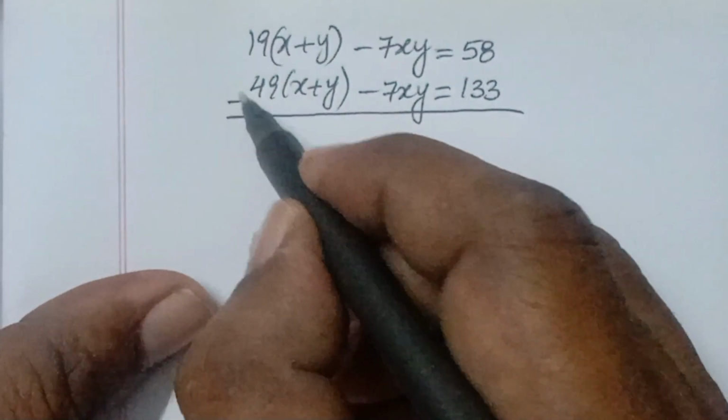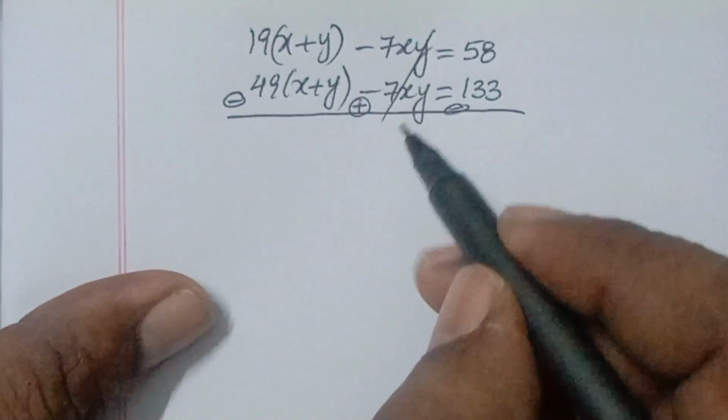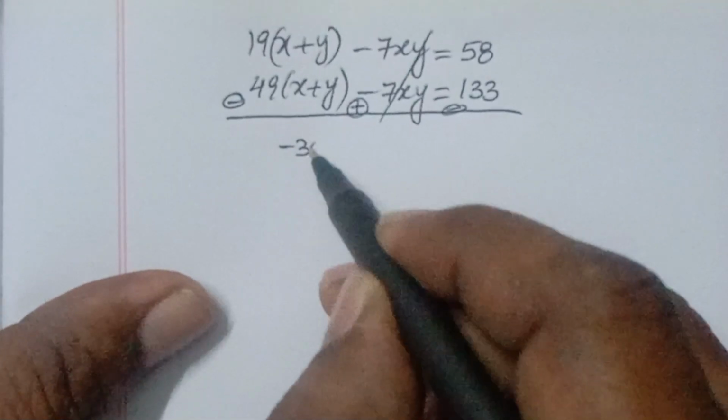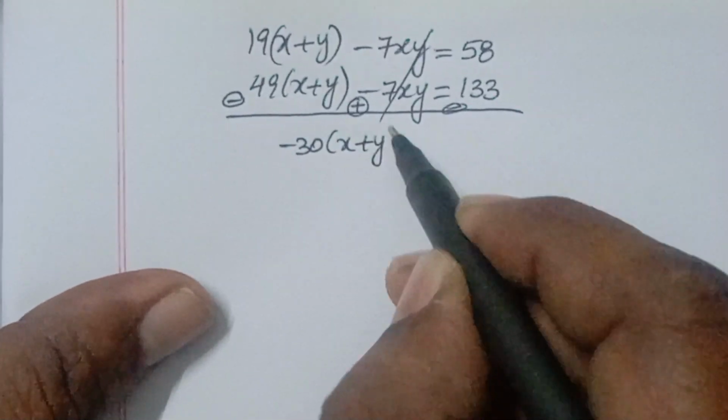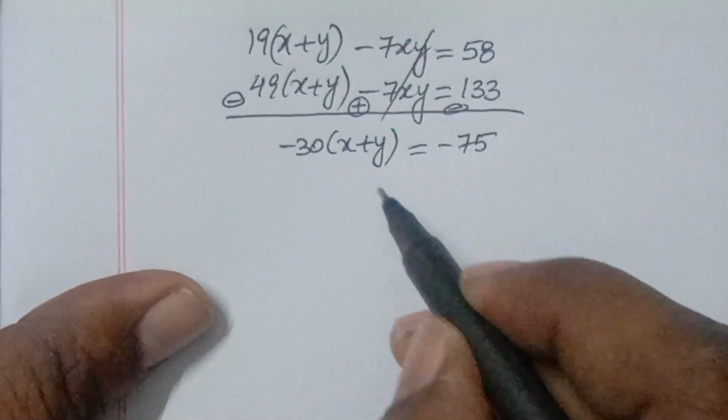Here I am doing subtraction, so this will cancel: minus 30(x plus y) is equal to minus 75.